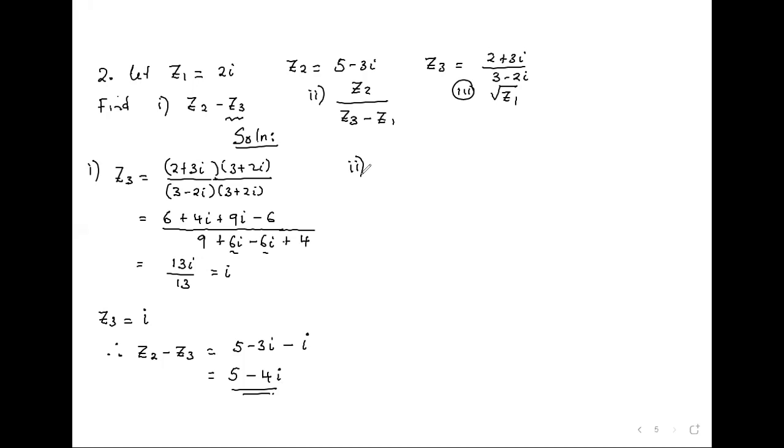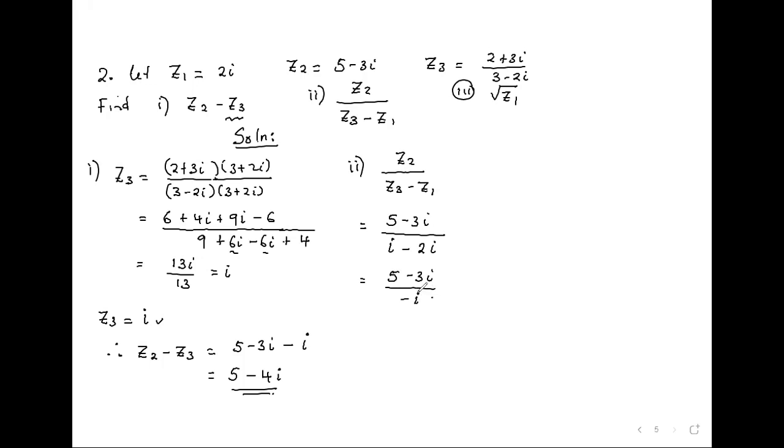Part 2, Z2 over Z3 minus Z1. This is the same thing as, what is Z2? Z2 is 5 minus 3i. What is Z3? Z3 is i. So we'll put i here, minus Z1. Z1 is 2i. So this whole thing is 5 minus 3i over negative i.